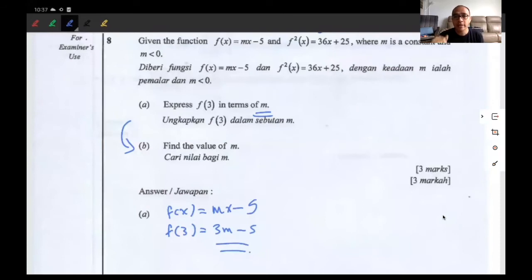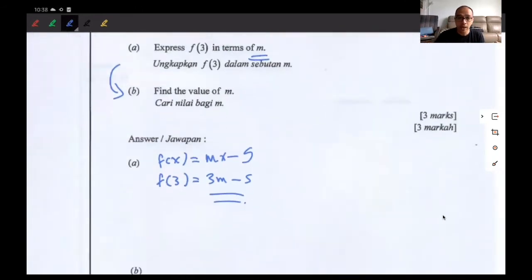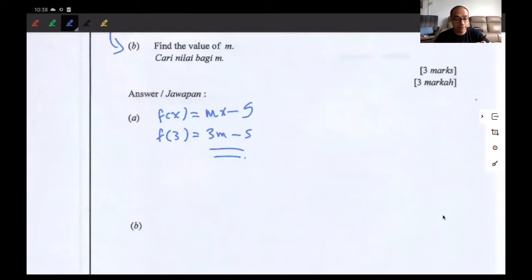Alright, find the value of m. So you are given f(x) equals mx minus 5, and then you're given the final value of f of f of x. Okay, now I'm going to use f of f of x, but I'm going to use this mx minus 5 first. Then nanti saya compare dengan f of f of x yang sebenar.